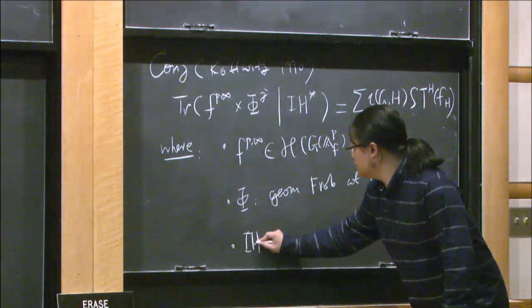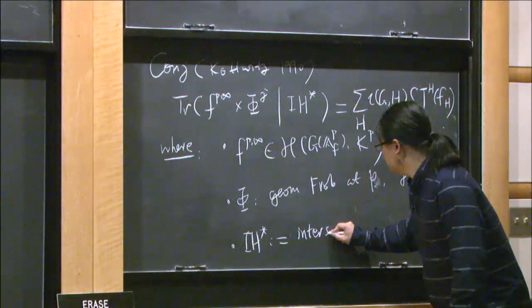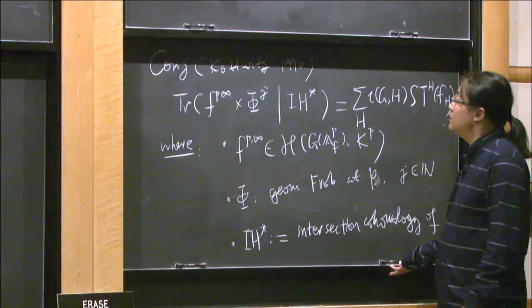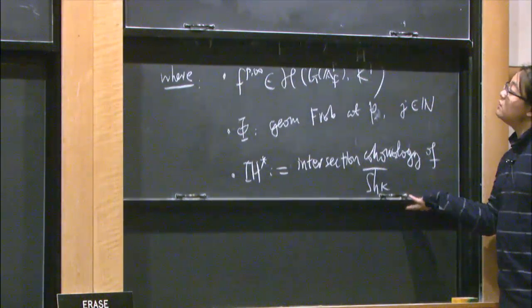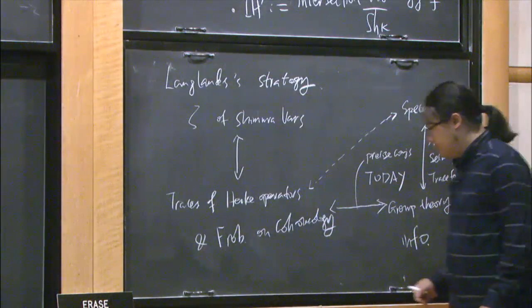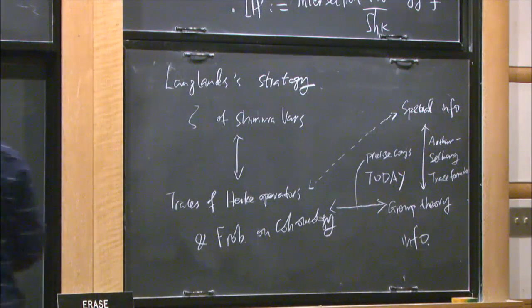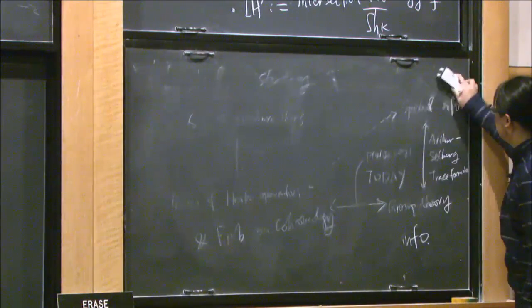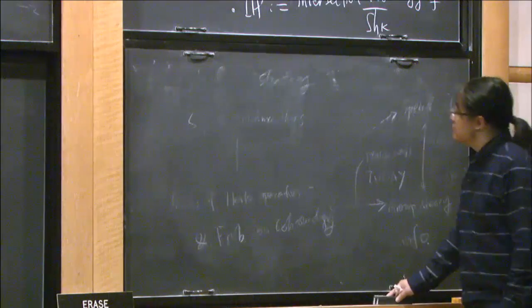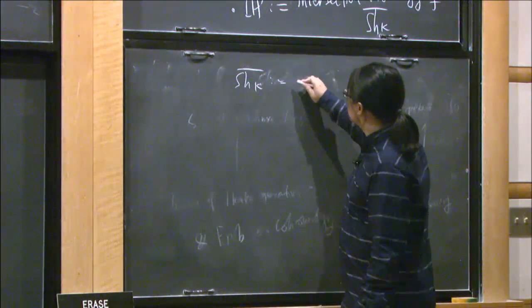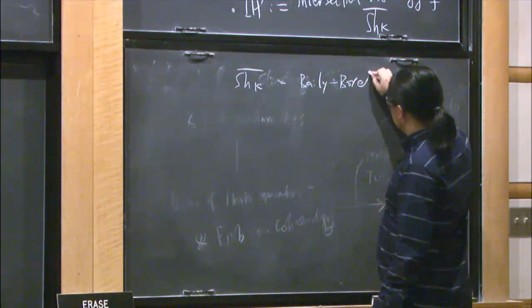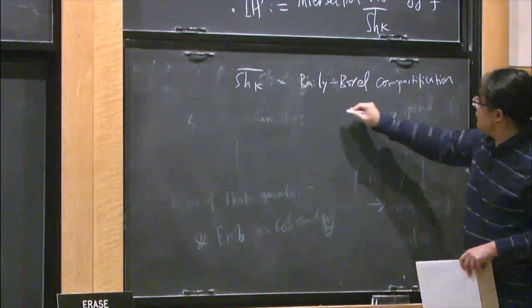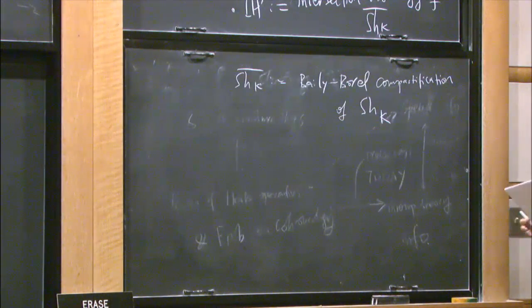And this IH star is the intersection cohomology of Sh_K bar, where this Sh_K bar is the Baily-Borel compactification, or sometimes also called minimal compactification, of the Shimura variety at K. So by intersection cohomology, you mean what?